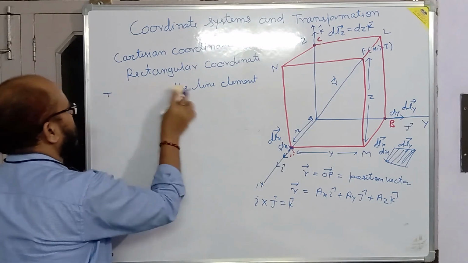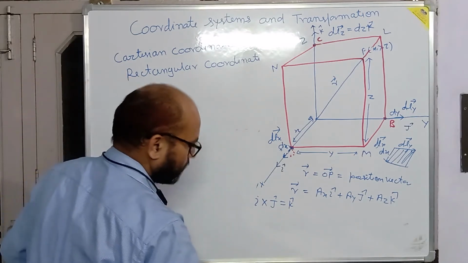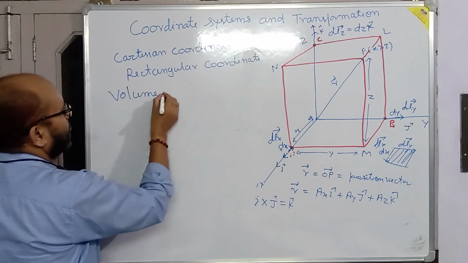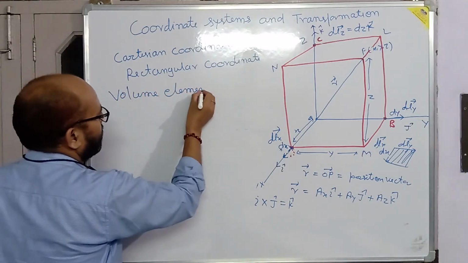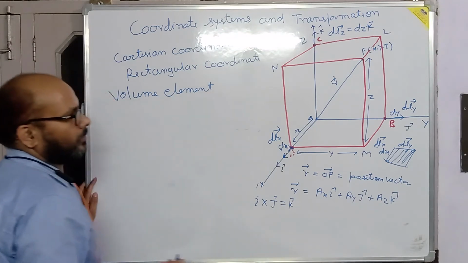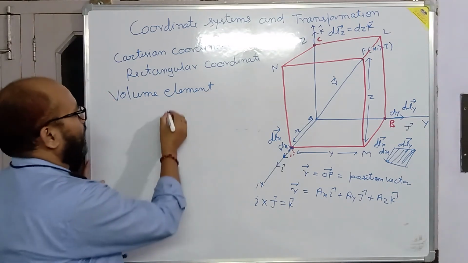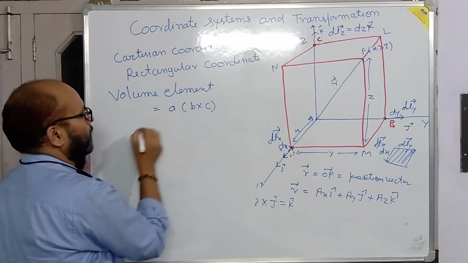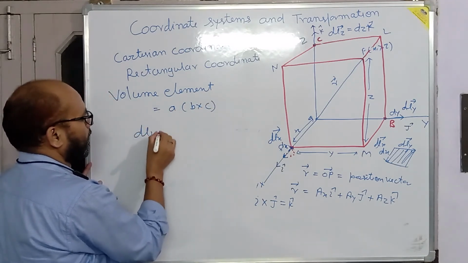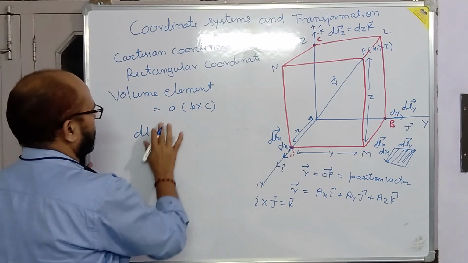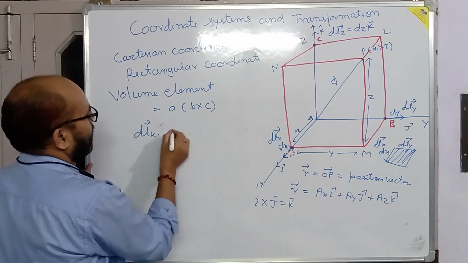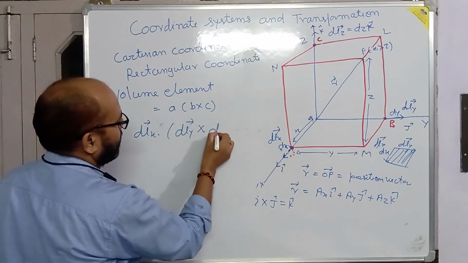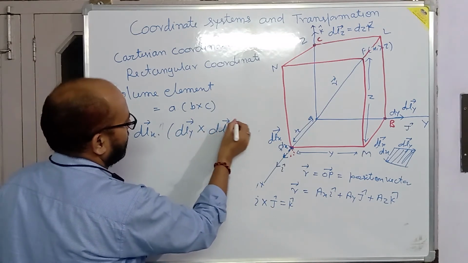One more thing, the volume element. To calculate the volume element, the volume of the parallelepiped is A dot B cross C. So here, dlx vector dot dly vector cross dlz vector.